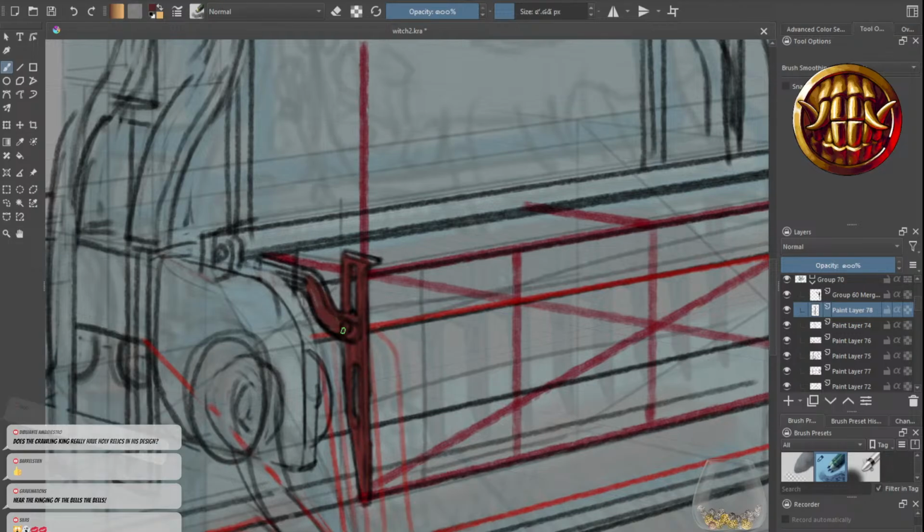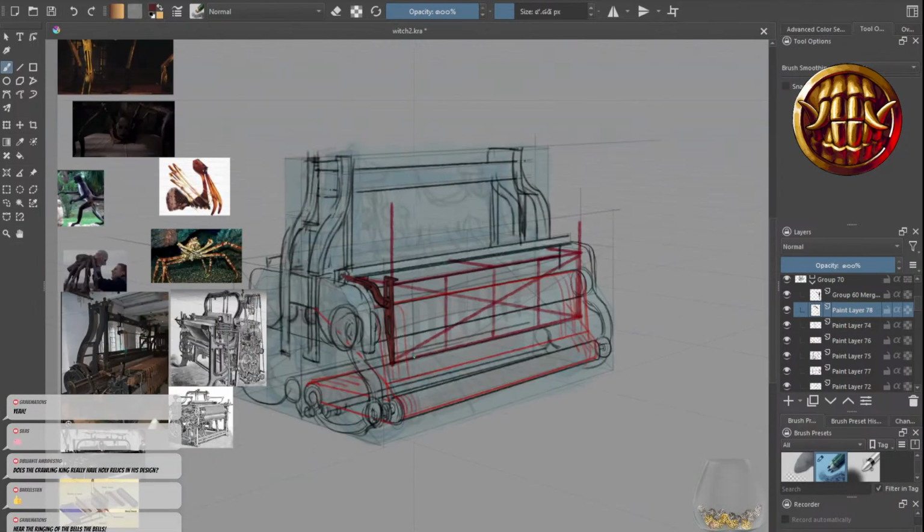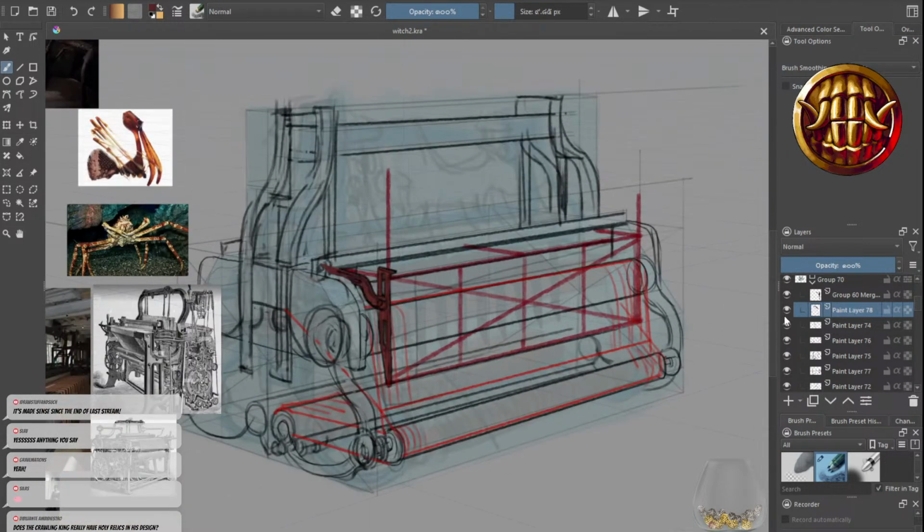Color it in, and then we can start pasting it down. I'm gonna have this be long, so I'm gonna erase it afterwards. There. Okay, there you go.